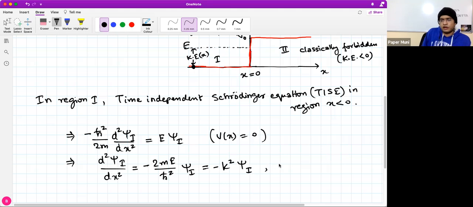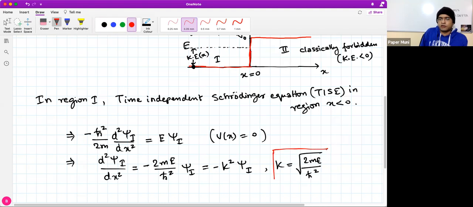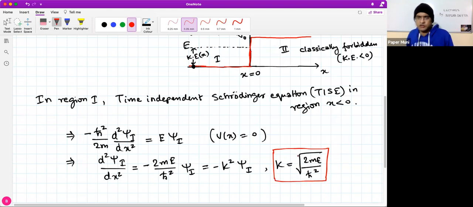And k is given by root 2mE by h cut square. This is the wave number of the particle's de Broglie wave in region 1.